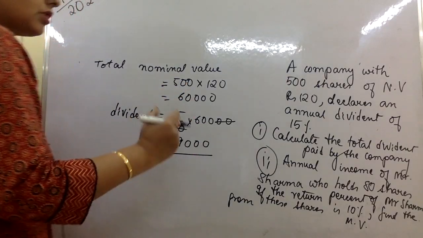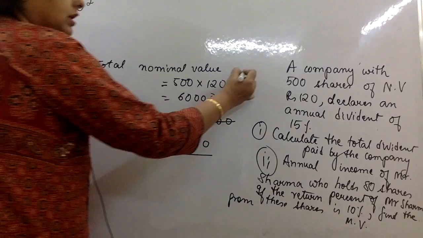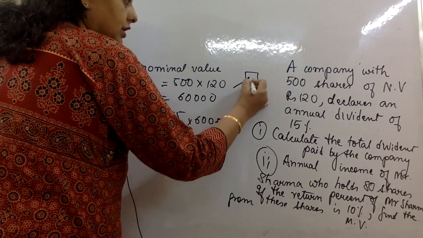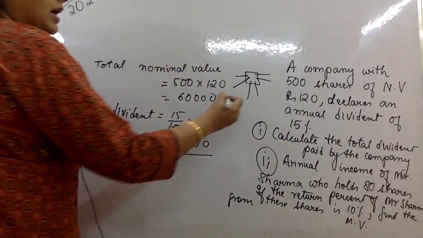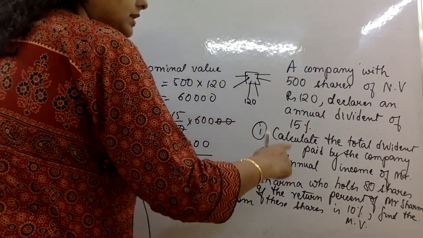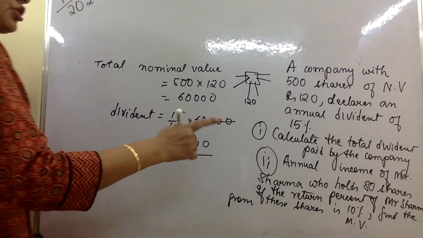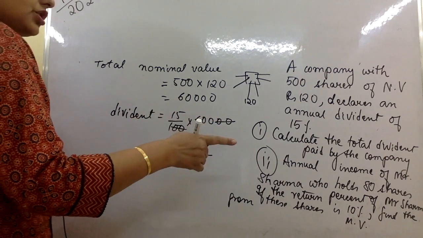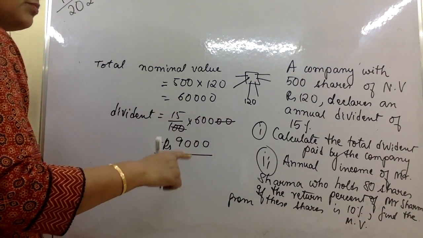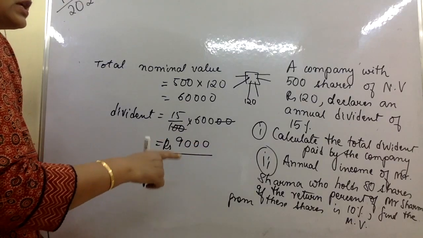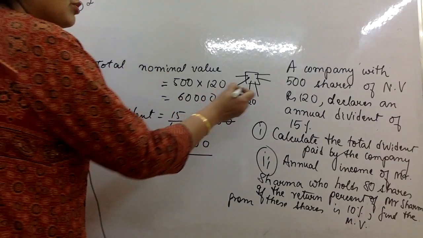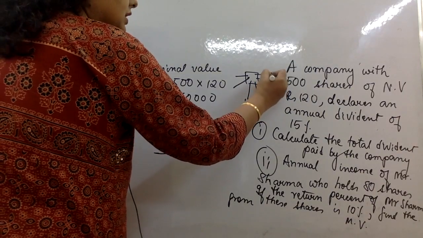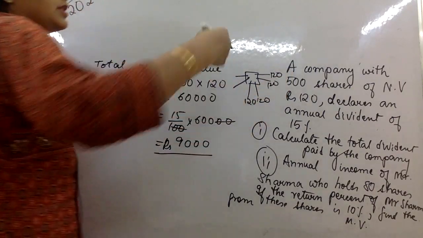Now, as I was talking about, the company has given out 120 rupees shares to many shareholders. Those were the nominal value. And now they say annual income of Mr. Sharma, who holds 80 shares, or if the return percent of Mr. Sharma is this, find the market value. When is market value coming into play? Now these people who bought at 120 will not keep the share with themselves.